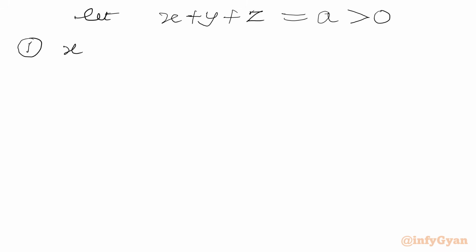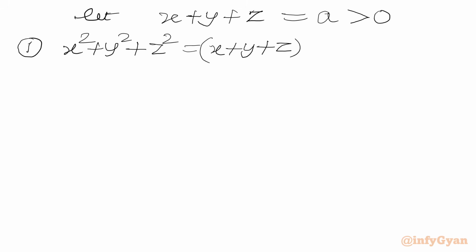The first one is x square plus y square plus z square equal to x plus y plus z whole square minus 2 times, in the bracket, xy plus yz plus zx.